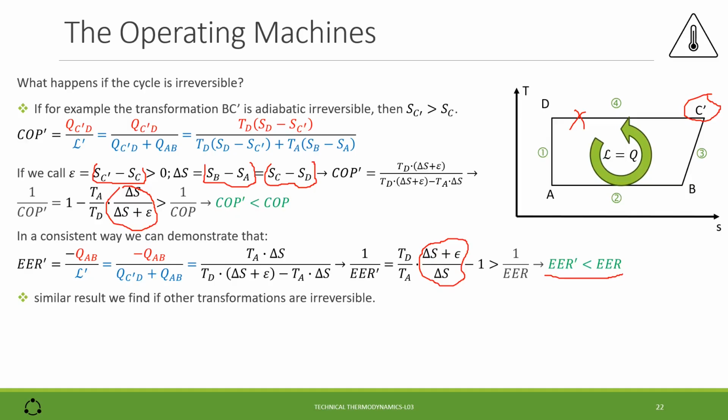We can find similar results if we consider other transformations irreversible. As a general message, the irreversible transformations are worsening the performance, and this is not only valid for the generating machines, but also for the operating ones.